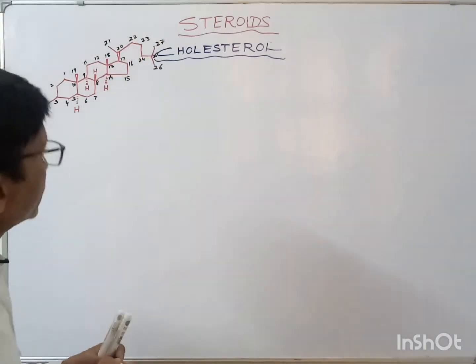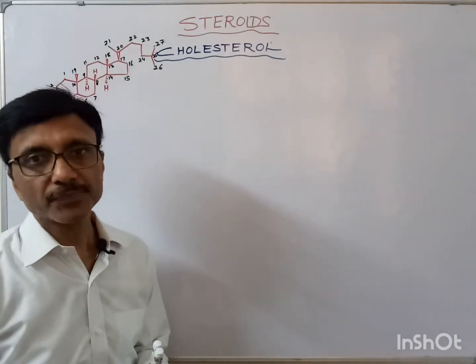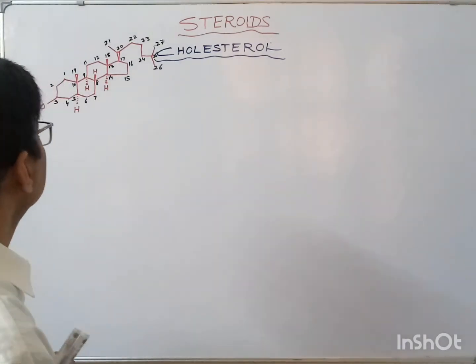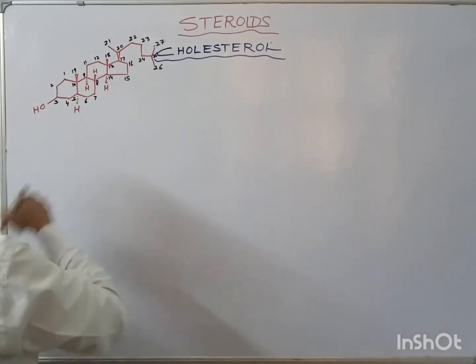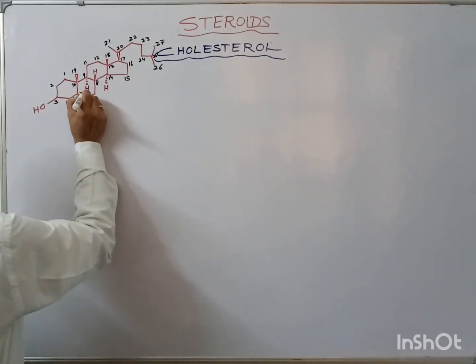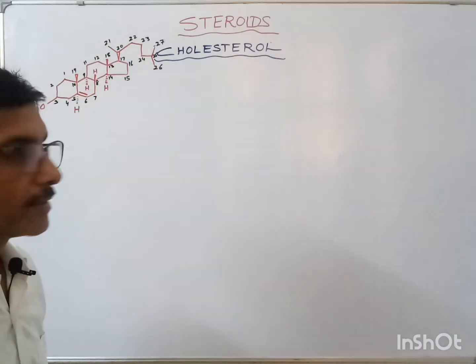So 27 carbons are present in cholesterol, and one double bond is also present at the 5th and 6th position.